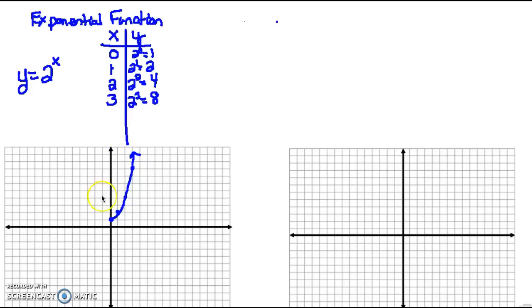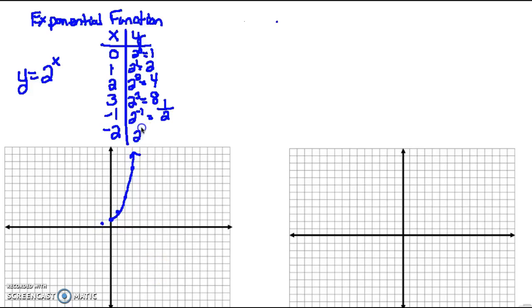And then I don't have to be in just quadrant 1. What happens if I plug in a -1 and a -2? 2 to the -1, if you remember my loves, negative exponents move us from the numerator to the denominator, so that becomes 1/2. So at -1, I'm going to be at 1/2.